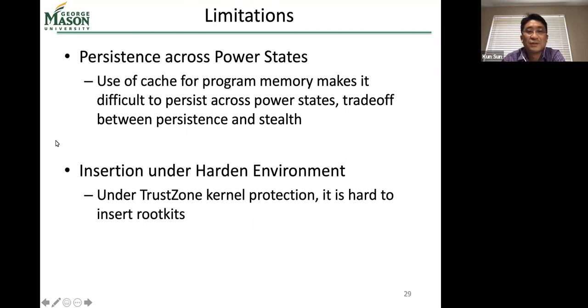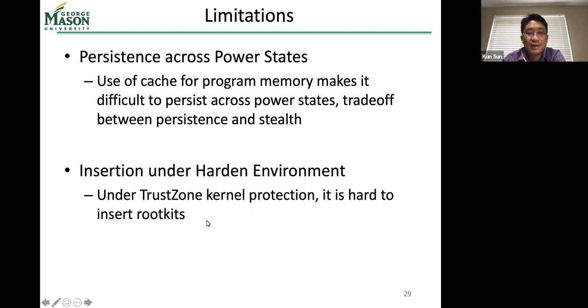As for limitations of our work, one is persistency: when the system reboots, our system will be gone because the cache will be totally flushed. The attacker needs to load the malicious code into the cache again using cache as RAM, and then perform all those procedures once again.